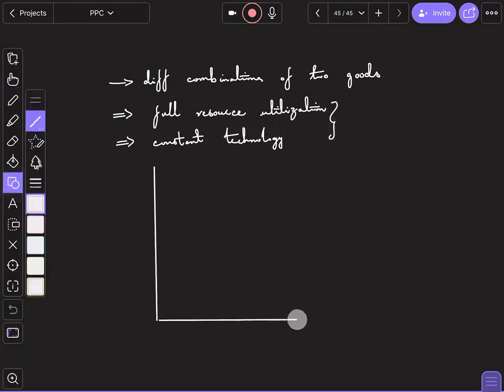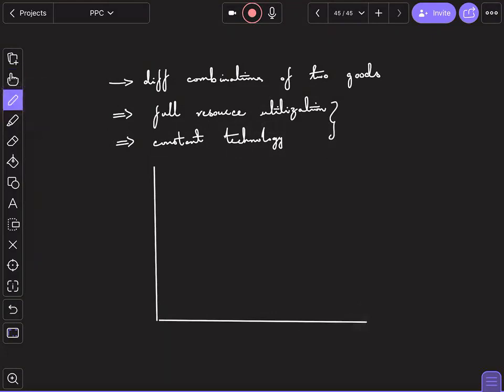We have good X and good Y. So we have good Y on our Y-axis, it can be any good, and we have good X on our X-axis, it can be any good. So with full resource utilization, we have this PPC.